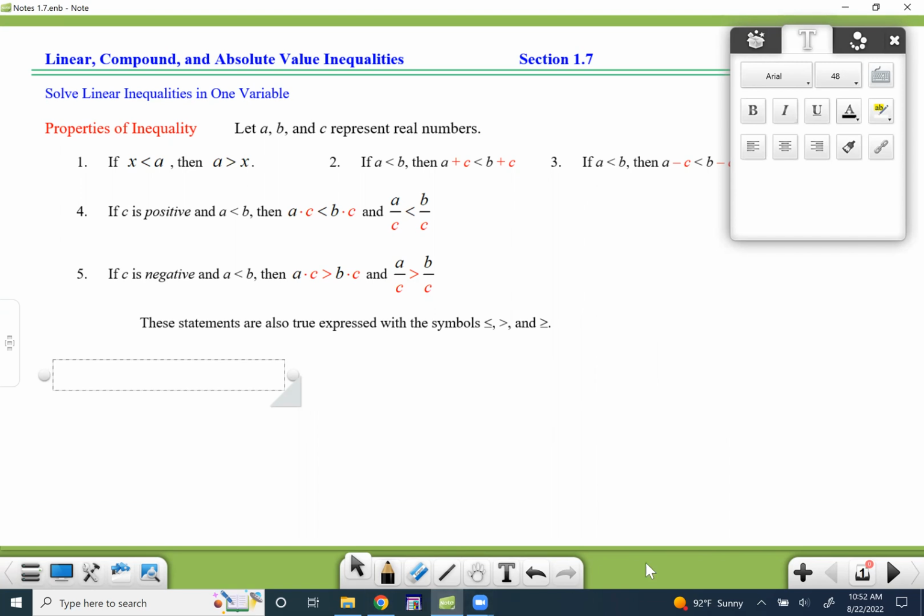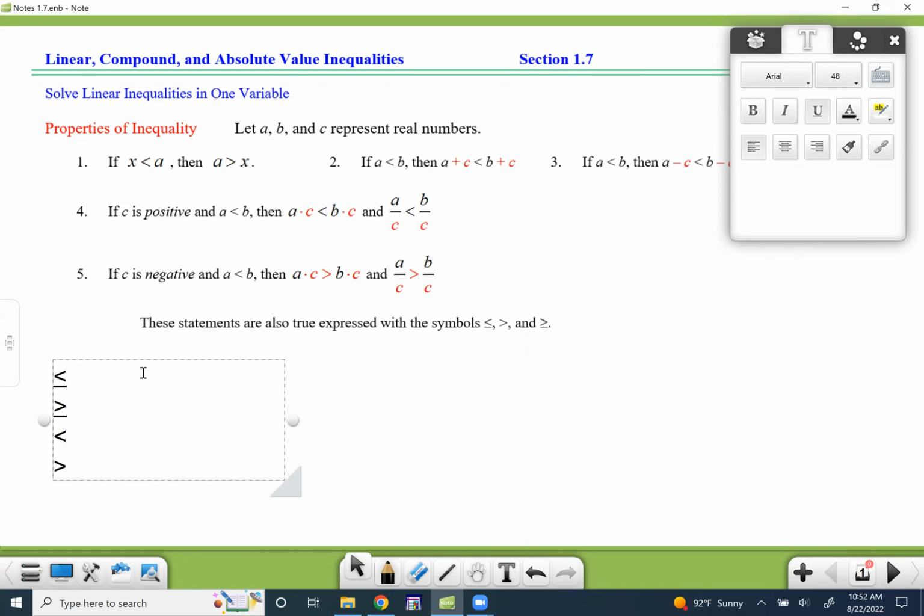Okay, so what each one of these stands for.